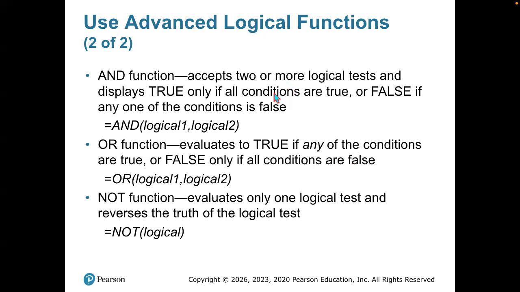And has to be all the conditions are true, or has to be at least one condition is true. Any of my computer science friends probably understand where I got mixed up on that, but for your purposes, don't worry about it. Just think, is it going to be all conditions or at least one condition? And not is exactly what you think it is. It's the opposite.